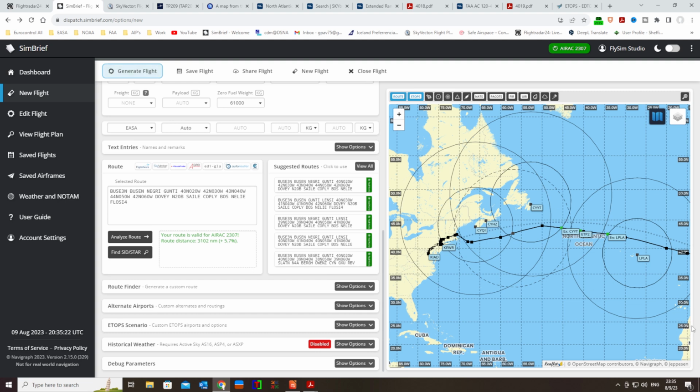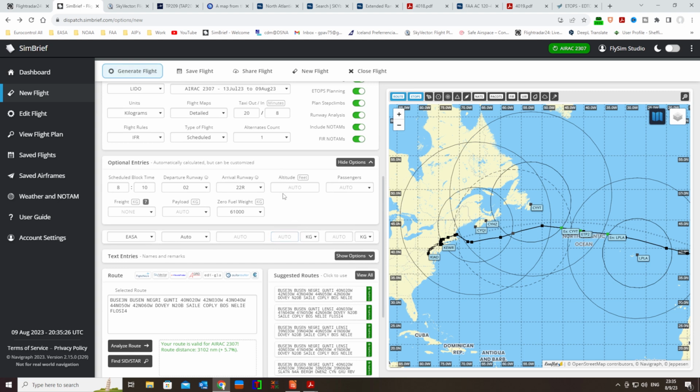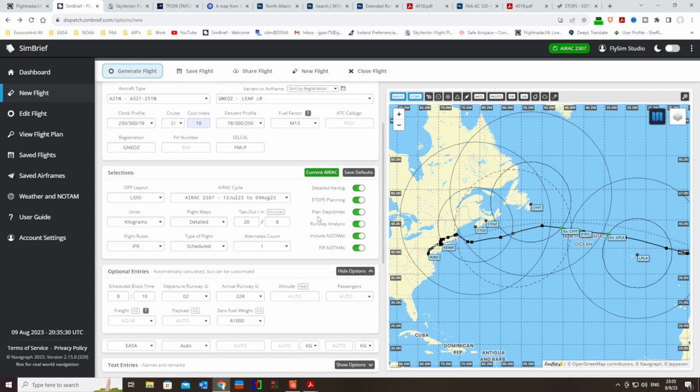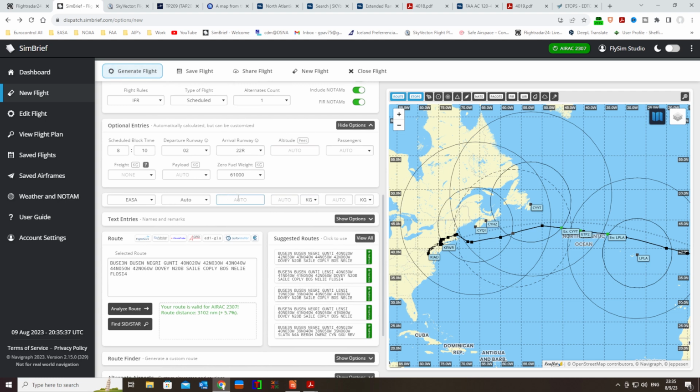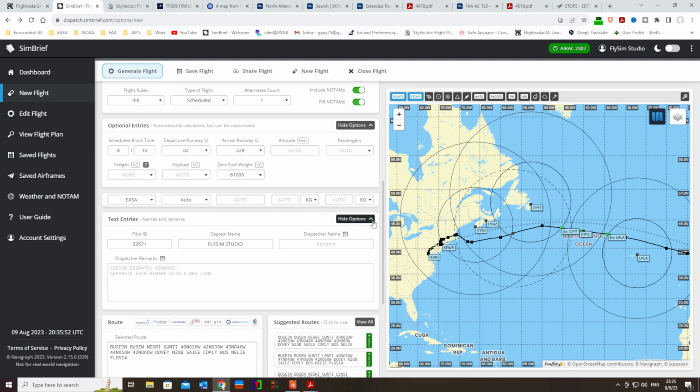As an extra fuel now, I think this is the passage. I said zero fuel. I hate SimBrief that it doesn't have any. I don't know what that is. It should have written something here. Minutes and fuel. This is fuel, I suppose. But I don't have anything.